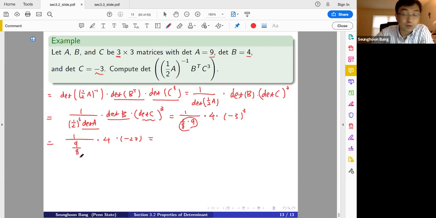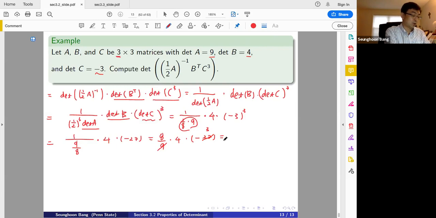So you have to use the reciprocal. 1 over 9 over 8 is 8 over 9, times 4 times negative 27. The 9 is crossed out. Change 3, the rest stays the same.